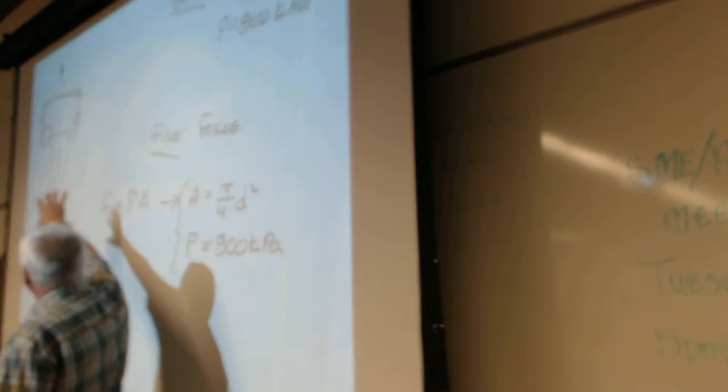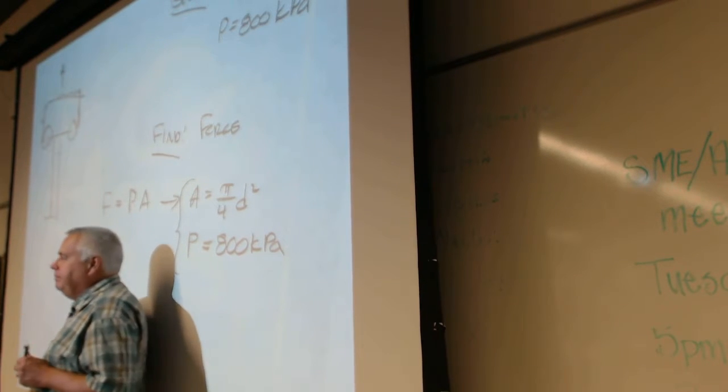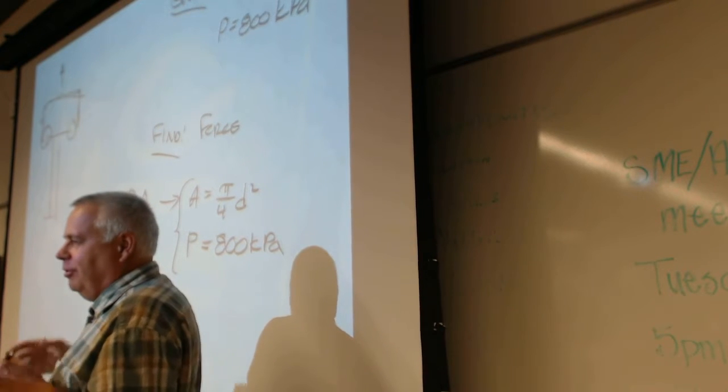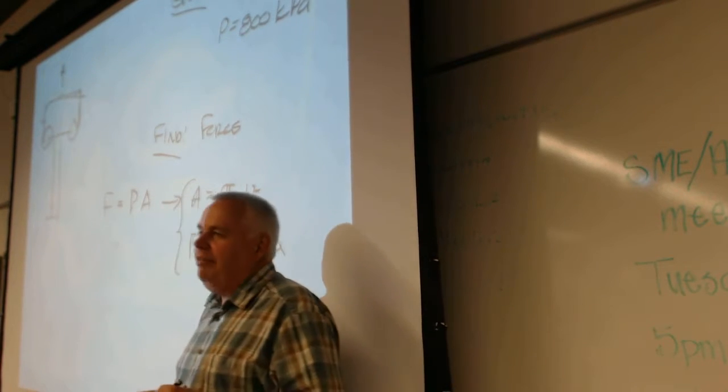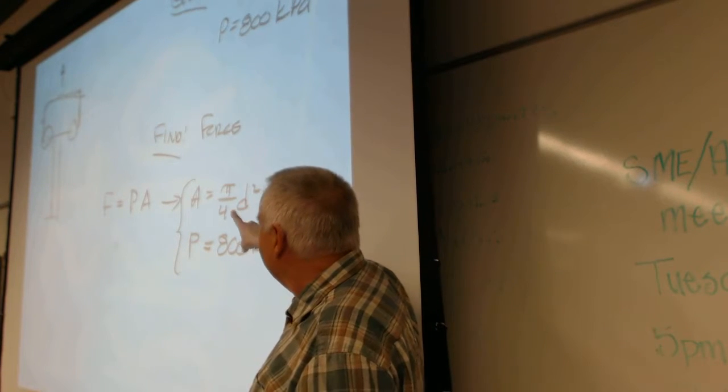So here's my free body diagram. And I actually didn't write the forces in there. I'm just more of a graphic thing. There's no given. Here's my find. There's my formula.